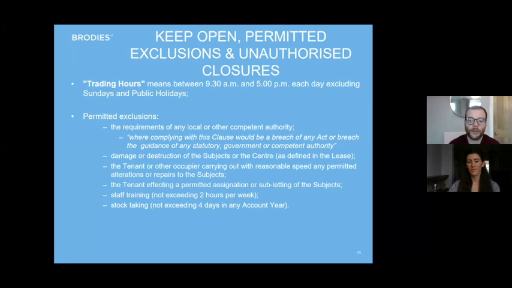The first one on that slide there is the requirements of any local or other competent authority. So that's perhaps most relevant at the moment. What's envisaged there is if the shop has to shut for any reason and it's mandated by either the local authority or the government that it has to do that.